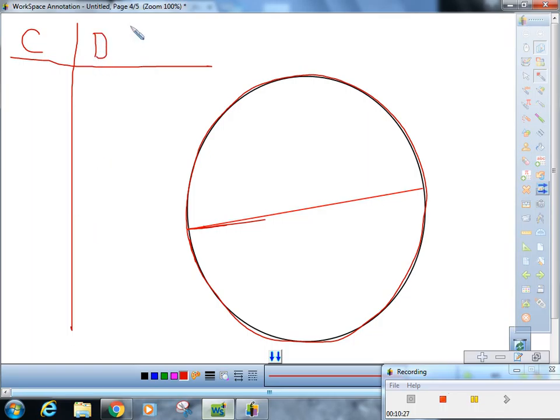So you measured your diameter with a ruler, you measured your circumference with a ruler and a string, and then in this chart you did your circumference divided by your diameter. Do you have any idea what would go in this column? It would be pi. You'd get a bunch of numbers that were very, very close to 3.14159. The better you were at measuring, the closer your numbers would be.